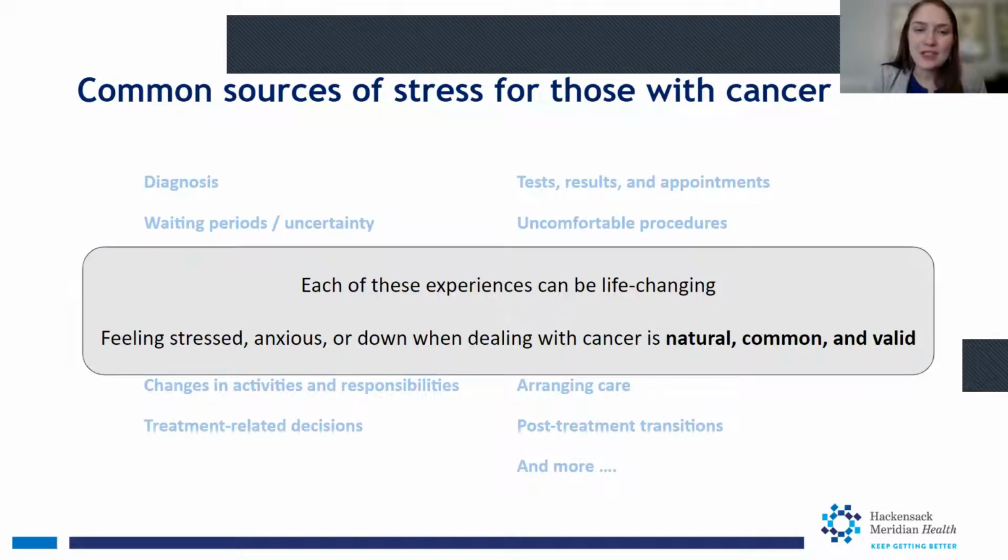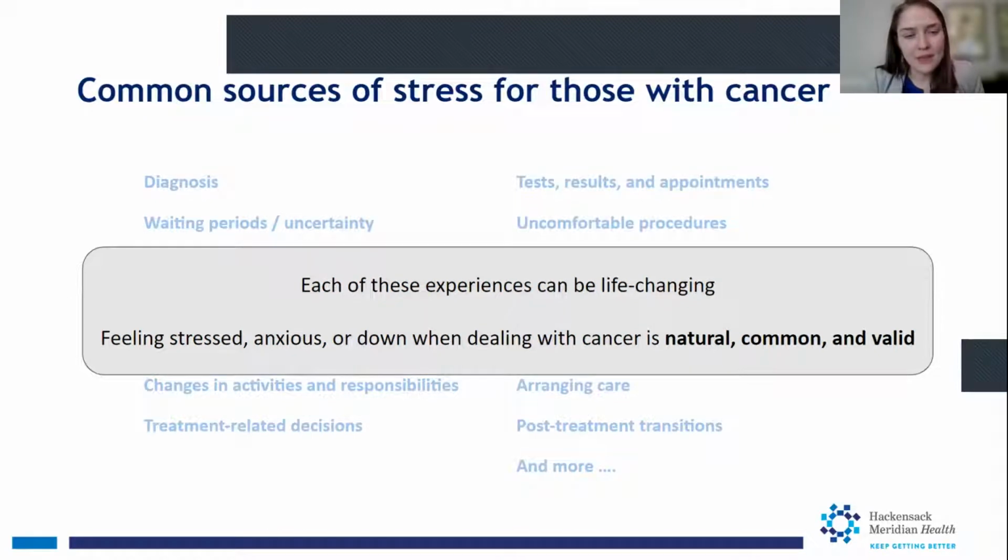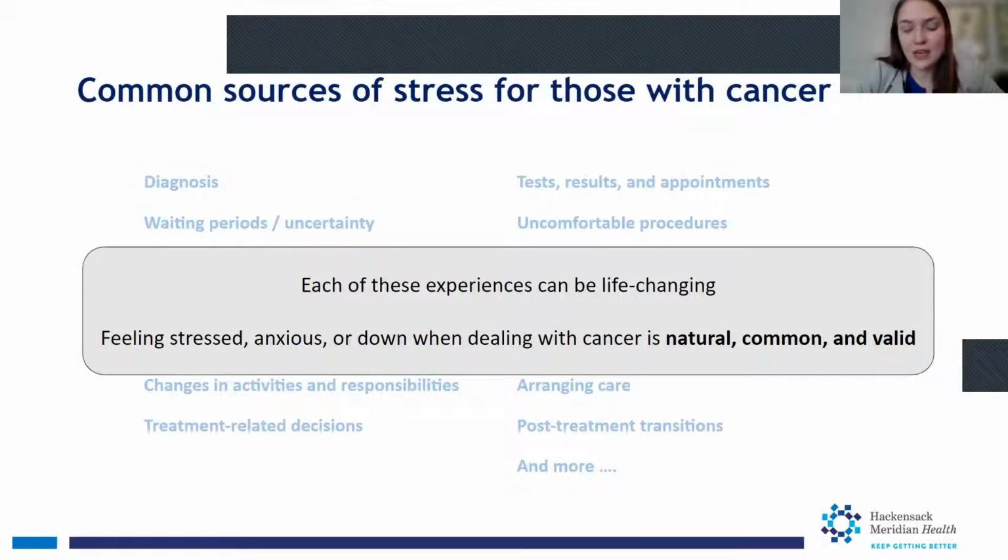And so what I'm hoping to present to you today are some background information and skills that we can use to help deal with these times, but not to suggest that it's abnormal to feel stressed or that we can get through these experiences without feeling this way. Typically that would be concerning and uncommon to not have these feelings at times. But are there ways that we can mitigate the impact on other aspects of our life?